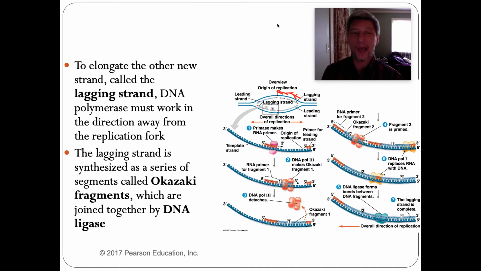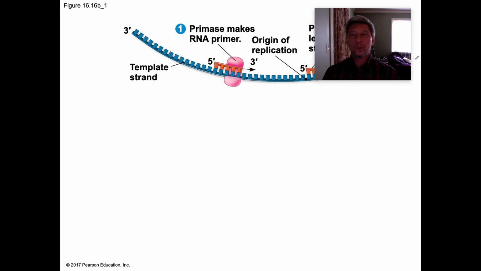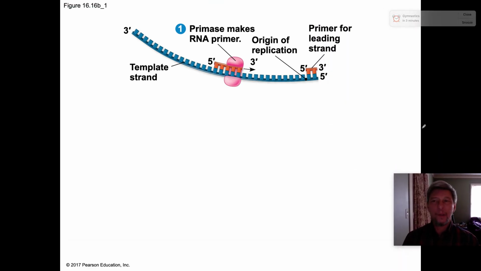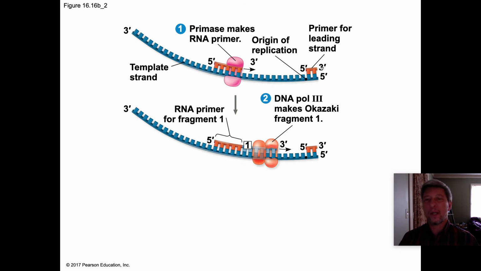So how does this happen? Well, we'll start here. You see the template strand. Here's the RNA primer. It's adding RNA nucleotides, and so we're going to start here. But notice there's another primer over here that the primase already glued on.